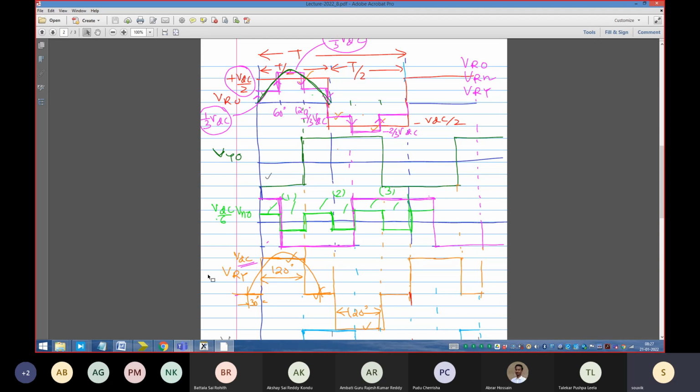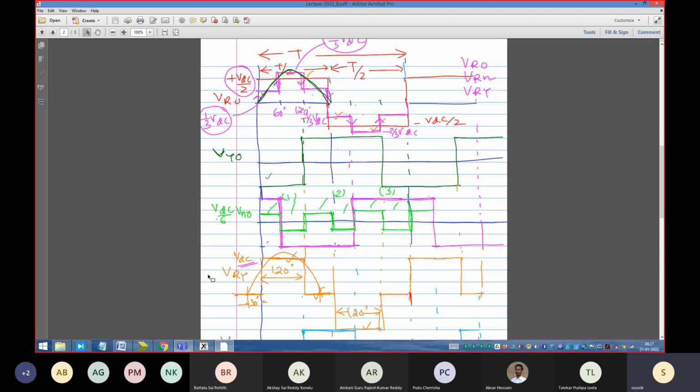Why am I doing it? So that I can do Fourier analysis of the waveform. The original 0 is assumed to be the 0 of the VRO waveform, and I can do Fourier analysis of VRY based on that.